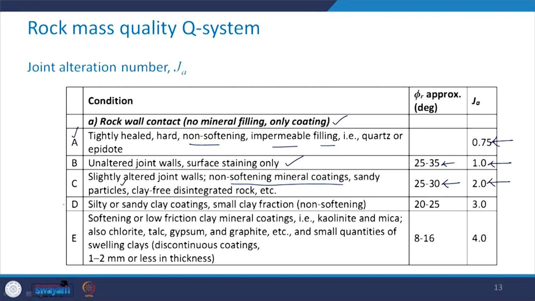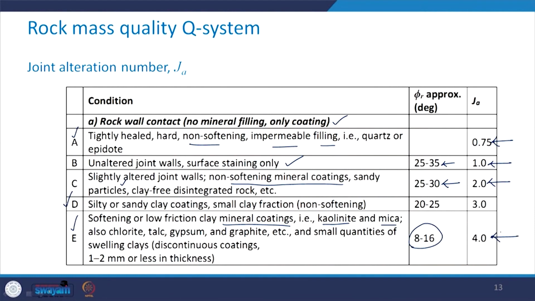Likewise, you have class D and class E. Class E is softening or low friction clay mineral coating, which can be kaolinite and mica, also chlorite, talc, gypsum and graphite, etc. For this you see that the phi r value is so low, of the order of 8 to 16, and the rating assigned is 4. So, as explained earlier, the larger the rating of the joint alteration number, the poorer the quality of rock mass it represents.